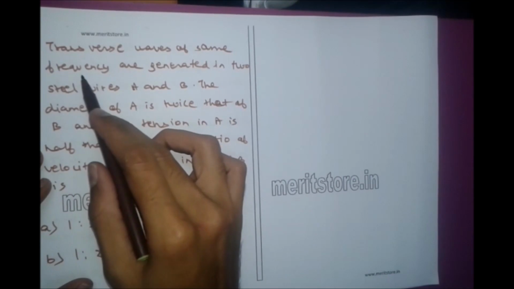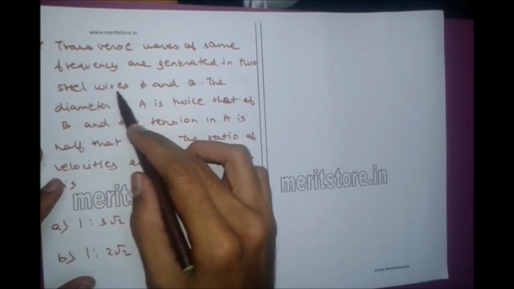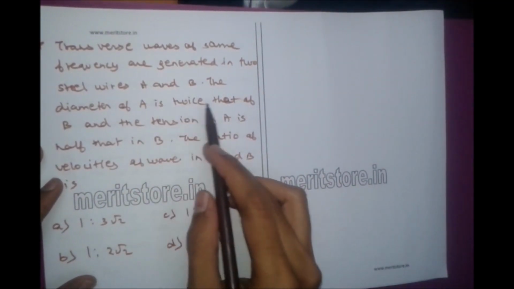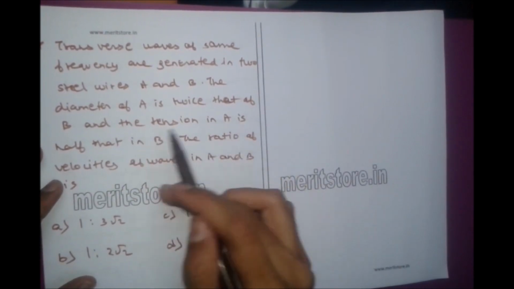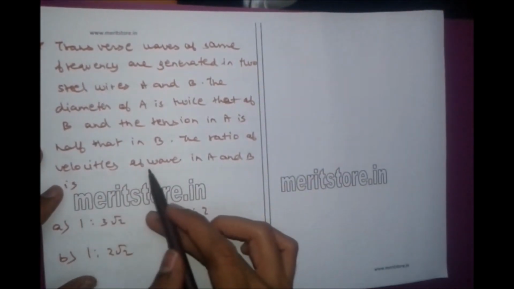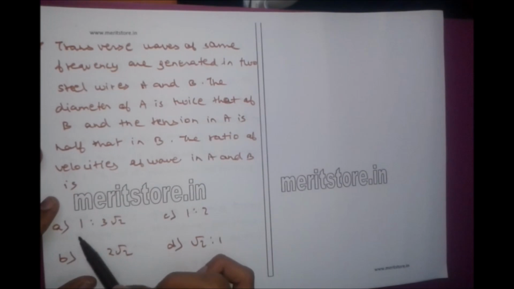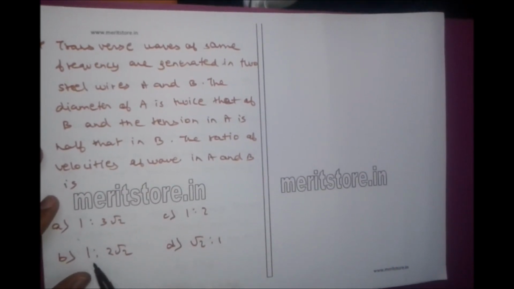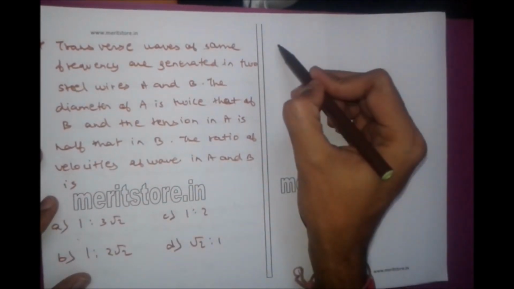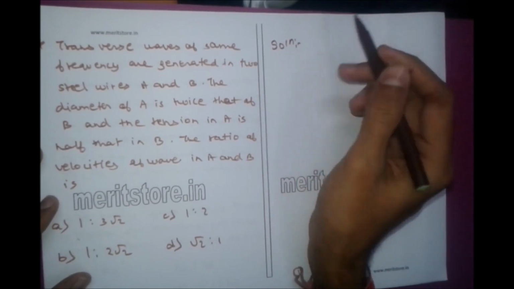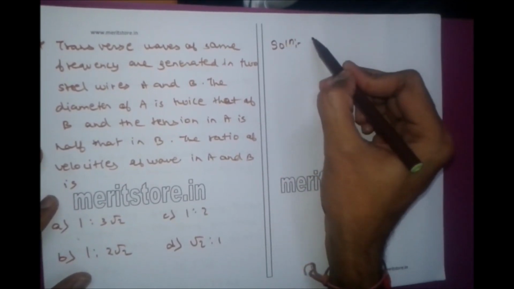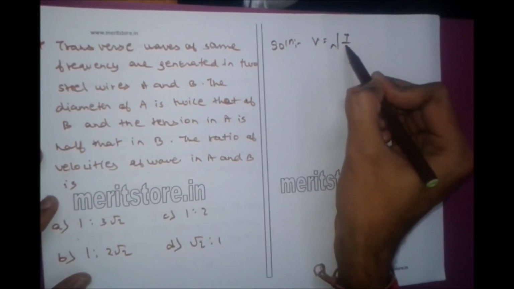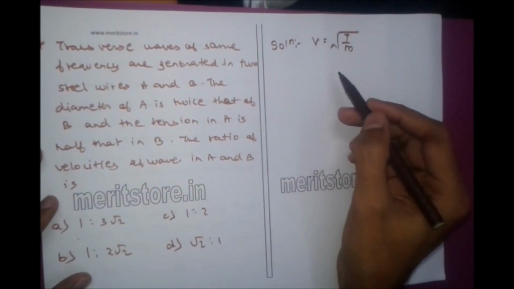Transverse waves of the same frequencies are generated in two steel wires A and B. The diameter of A is twice that of B and the tension in A is half that of B. The ratio of the velocity of waves in A and B is 1:3 root 2, 1:2, 1:2 root 2 or root 2 is to 1. Here we have the equation for the velocity, which is equal to the square root of tension upon mass per length, T by m.